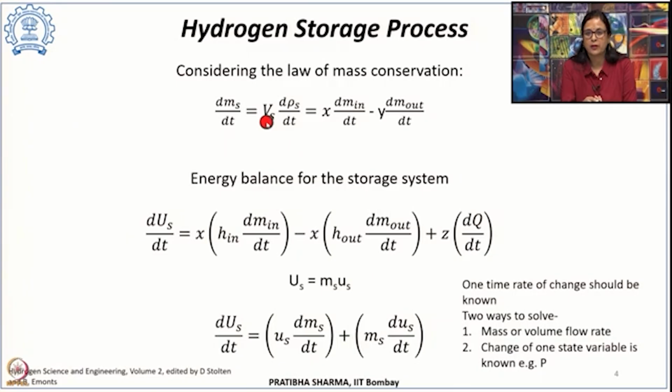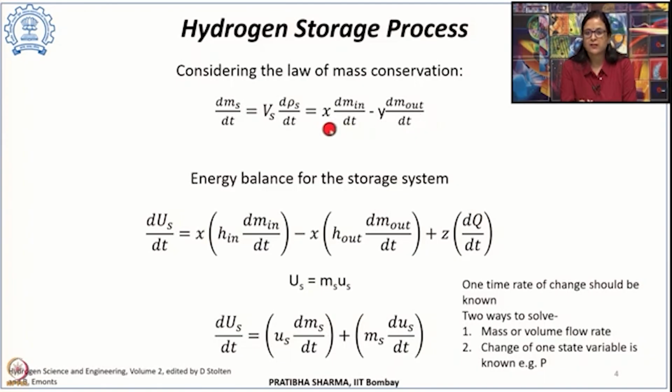Vs is the geometric volume of the storage tank, and d rho s by dt is the rate of change in the density of the storage. That is equal to a coefficient x times dm in by dt minus another coefficient y times dm out by dt. This is the mass entering per unit time, and the rate at which mass leaves the storage unit.